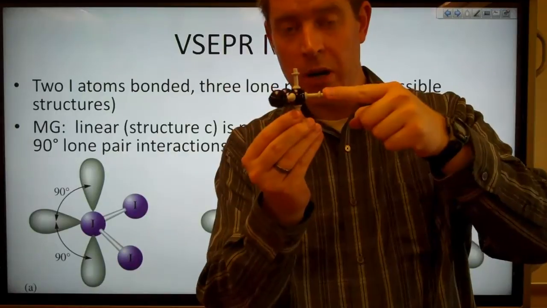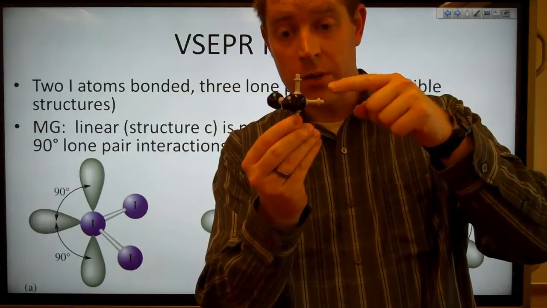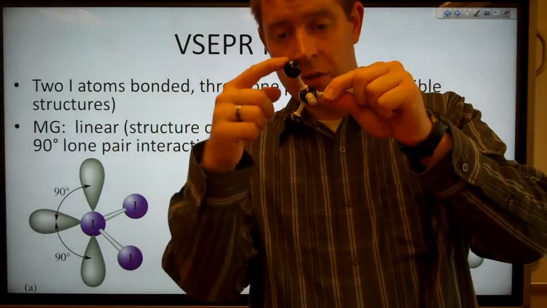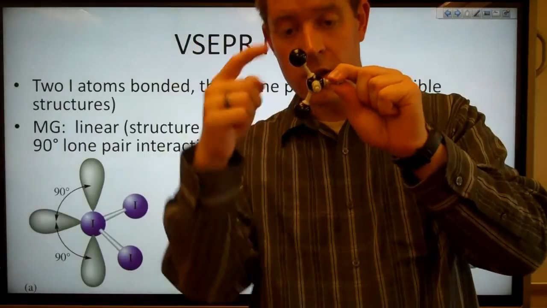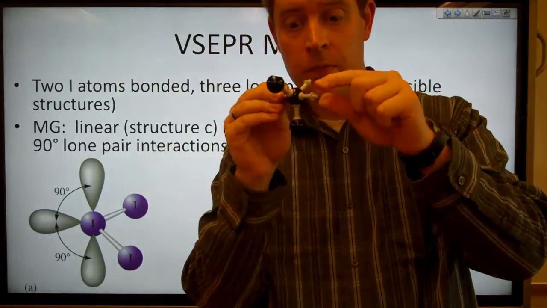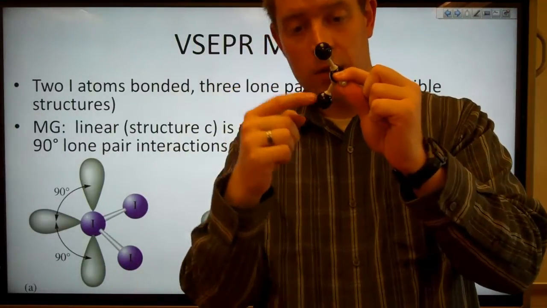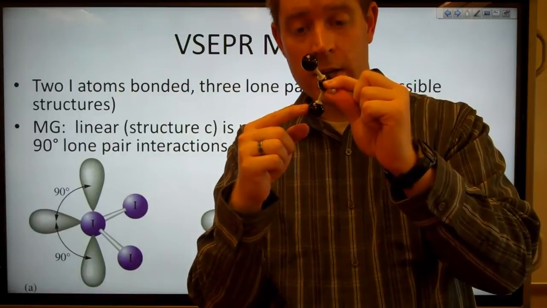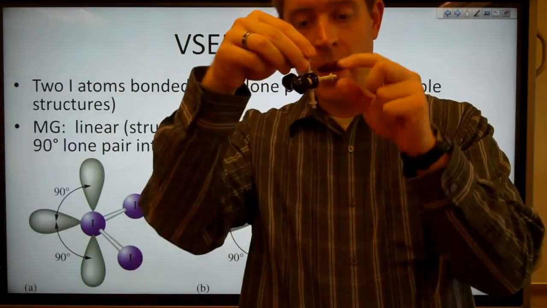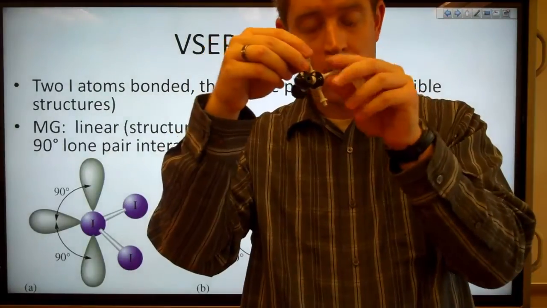We have 1 more lone pair on the equatorial position, and then on the equatorial position we have our 1 lone pair and our 2 iodines bonded. That gives us a 120-degree angle between the iodine atoms and 90-degree angles between the lone pairs.